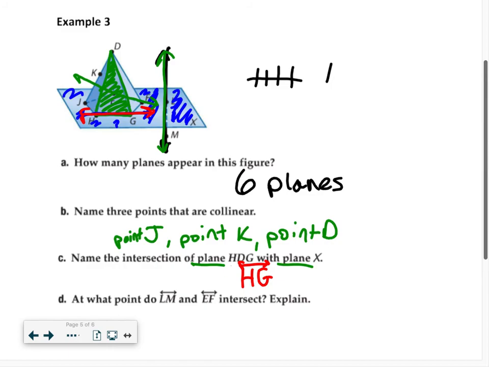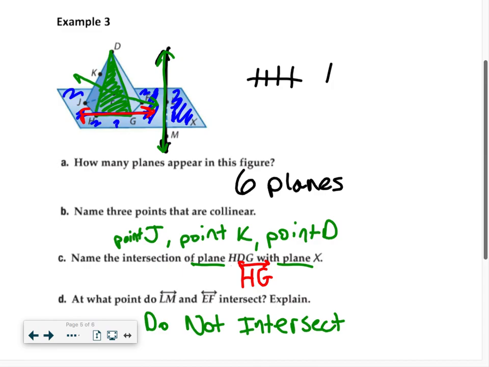There's no clear intersection here. This being a three-dimensional space, this line could zoom right in front of LM. So they do not intersect. In three-dimensional space, you can have lines all over the place that do not intersect. Okay.